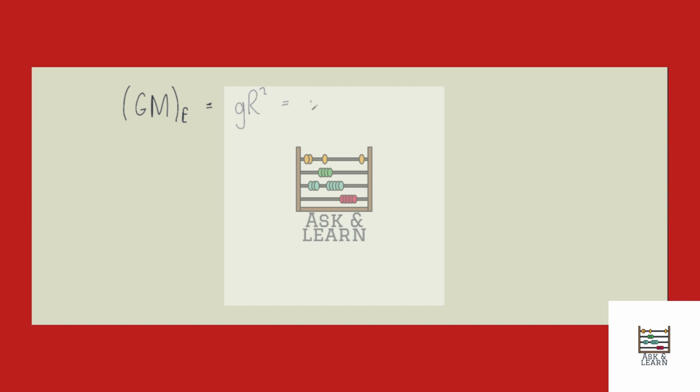And so this is equal to 9.81 times 6.37 times 10 to the power 6 squared. And so this value is 398.06 times 10 to the power 12 meter cubed per second squared.